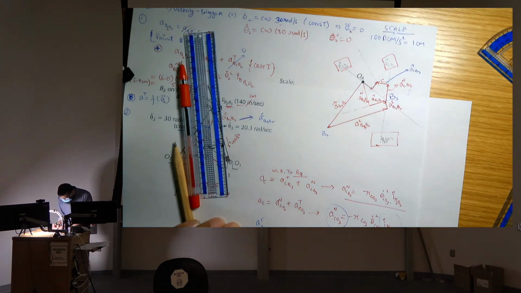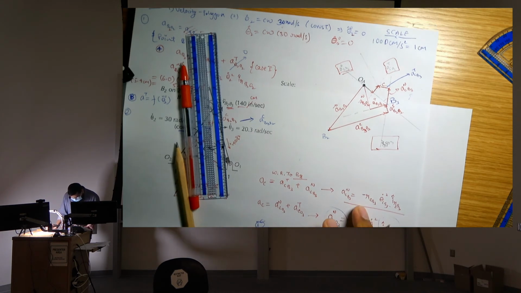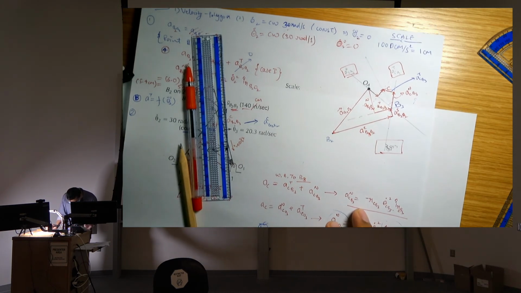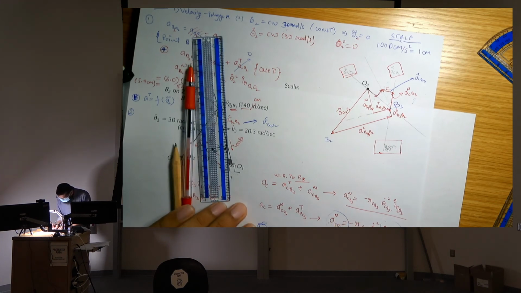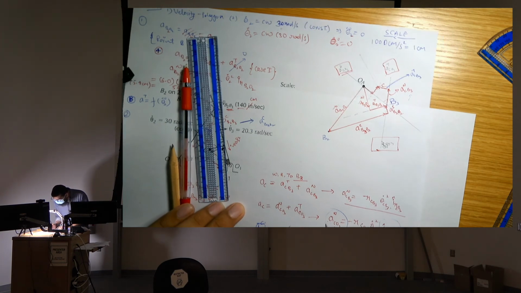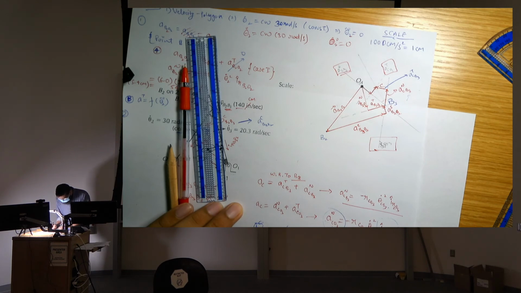Let me just see, B3O3, 5.57. So the acceleration of B3O3 will give you R B3O3 multiplied by the angular acceleration of 3.